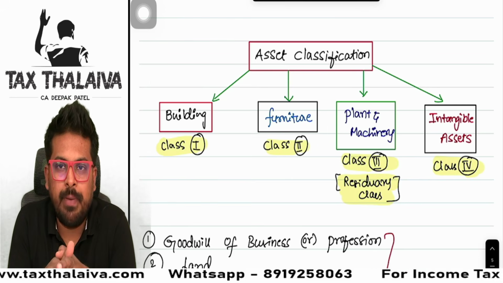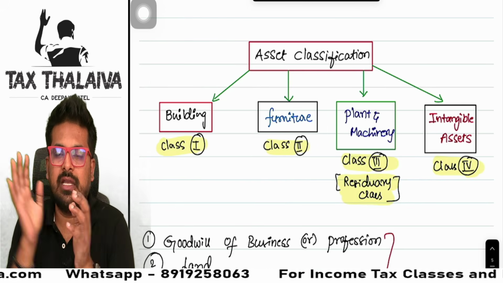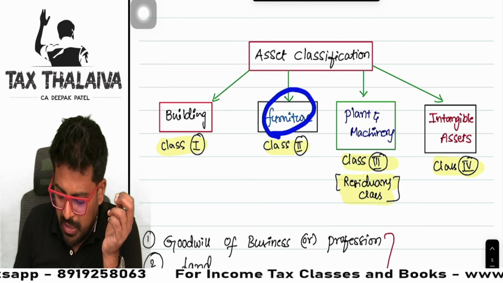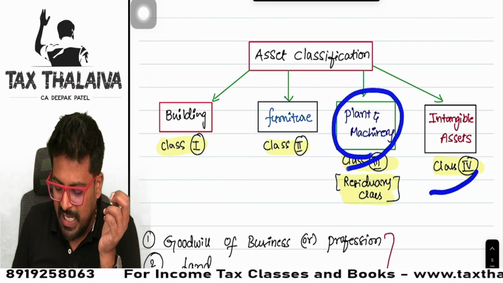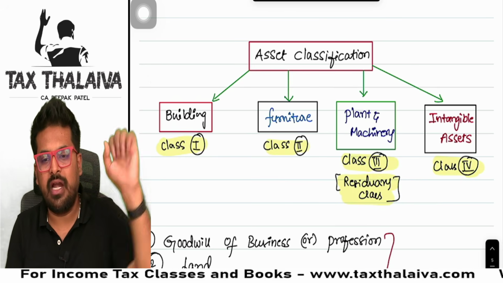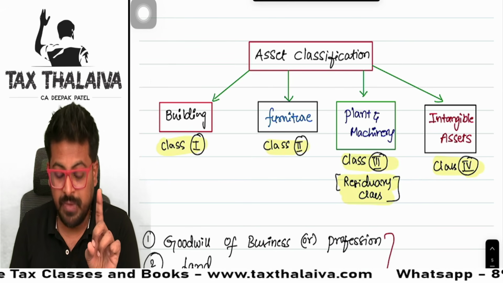See, for depreciation purposes, the assets have been classified into different class categories. Class 1, building. Class 2, furniture. Class 3, plant and machinery. Class 4, intangible assets. Under building also, we will see different kinds of buildings, furniture, plant and machinery, intangibles. But keep in mind one thing.